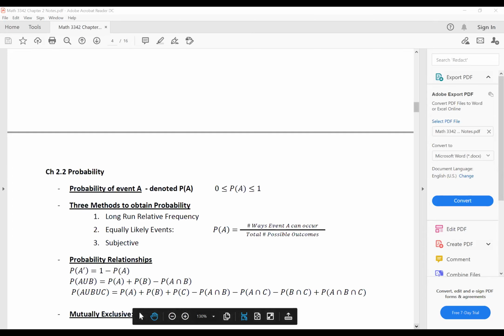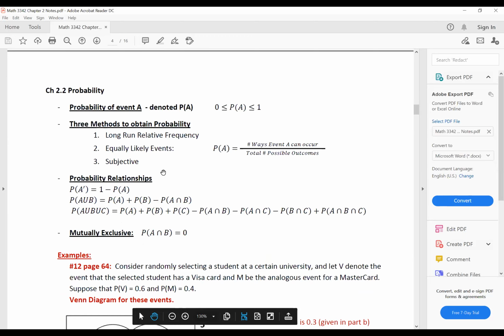And the other one is subjective probability, where a person assumes the probability. In our course, we will mainly be going over equally likely events and long run relative frequency. We might also use subjective probability.